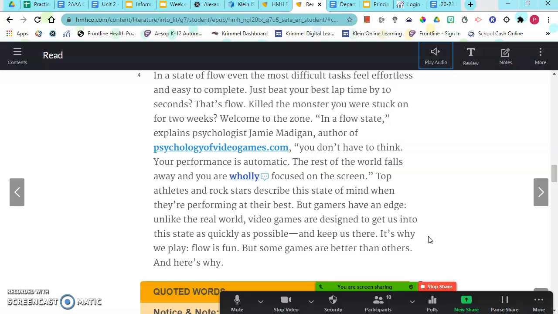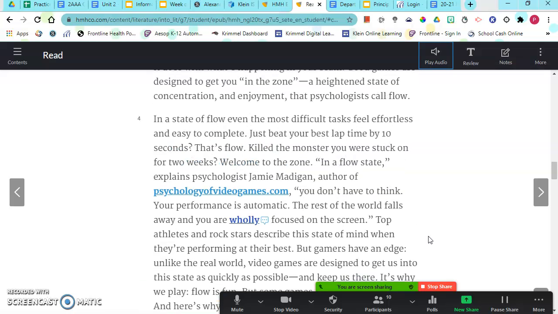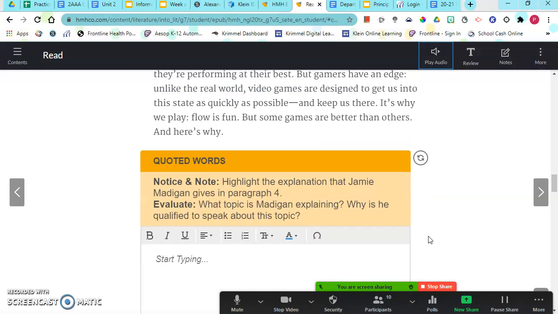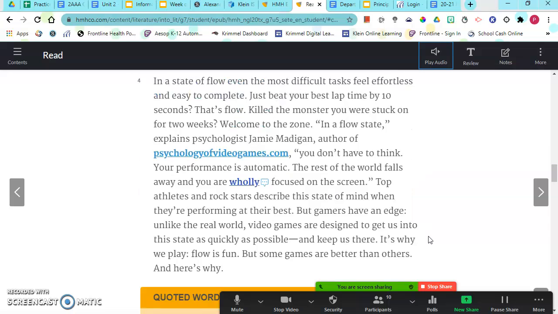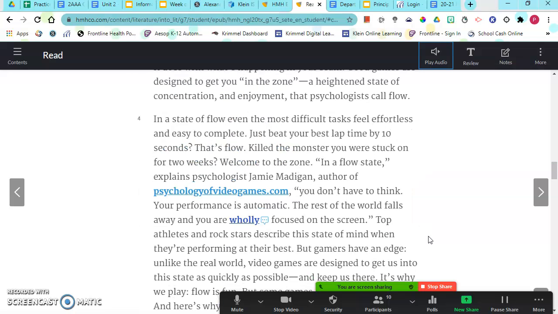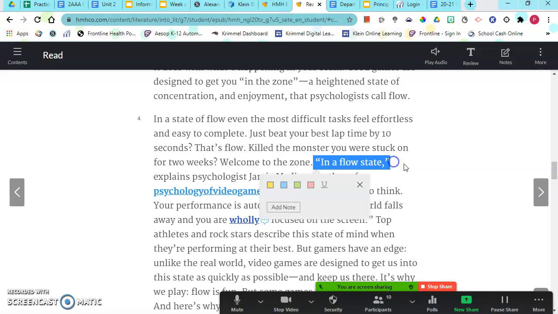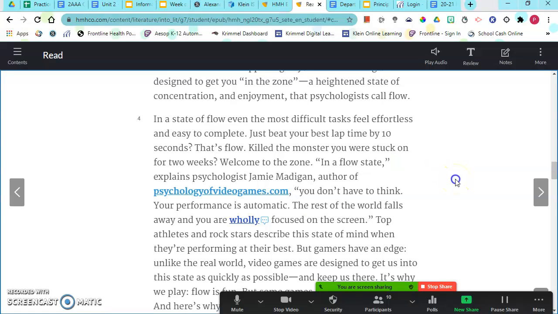You do have that in paragraph 4. Like he says, you don't have to think, your performance is automatic. The rest of the world falls away and you are fully focused on the screen. Even before that, right before it tells you who he is, it says in a flow state. All right, that's the topic of what he is talking about.